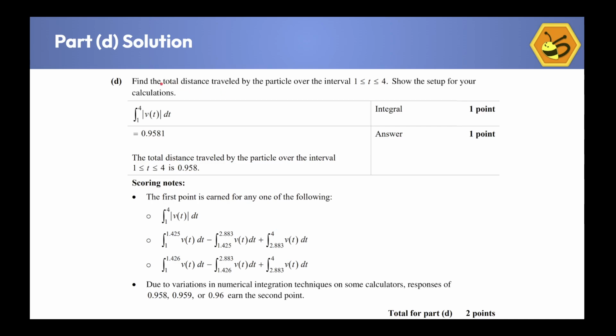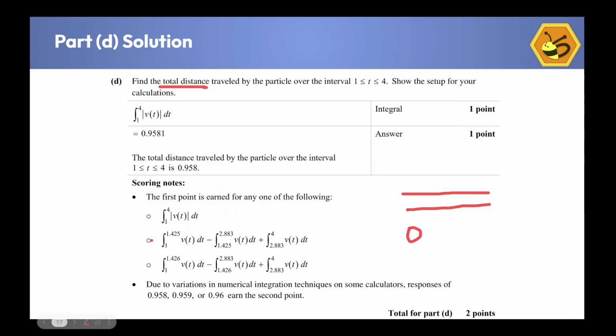For the total distance, it is different from displacement. For displacement, if I go right the same amount and go left the same amount, the displacement is 0. But the total distance is not 0, because you traveled that amount of distance. So we need to put the absolute value sign around velocity for integration to get 0.958.